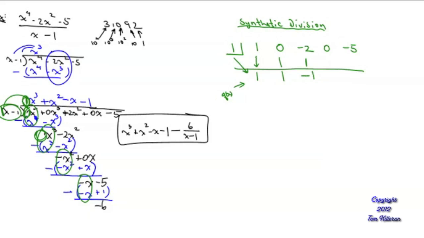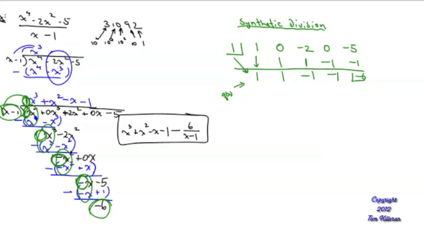That's this one right here. 1 times negative 1, negative 1 plus 0. Negative 1 plus 0 is right here, and the negative 1 is right there. 1 times negative 1, negative 1 minus 5, which is, of course, the remainder. And if you look at it, this is negative 5 minus 1. So the synthetic division does everything that long division does without touching x's whatsoever.